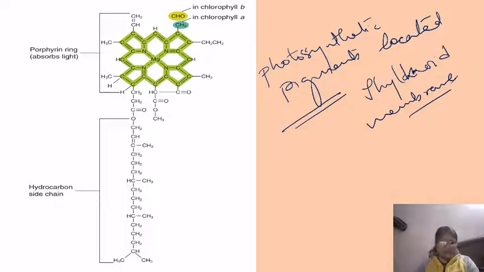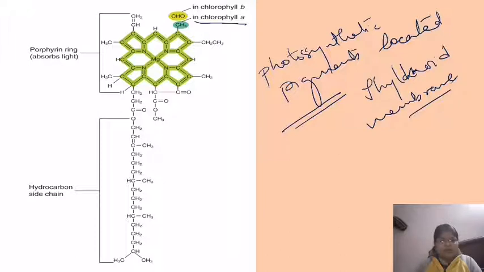So this is the molecule of your chlorophyll. Now as you can see here, in this chlorophyll molecule, the rest of the things are the same, just what varies is that in chlorophyll A there is a methyl group. Okay, and at the same position in case of chlorophyll B there is an aldehyde group.